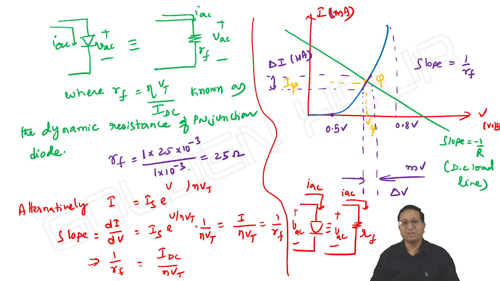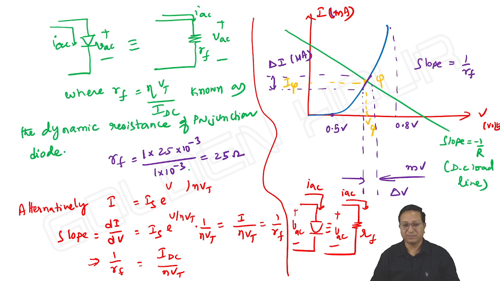This is a very, very important point of observation. If IDC changes, definitely the rf value will change. Or if the Q point changes, the dynamic resistance of the diode will automatically change. This is known as the small signal model of the PN junction diode.